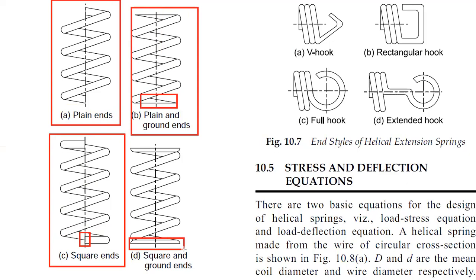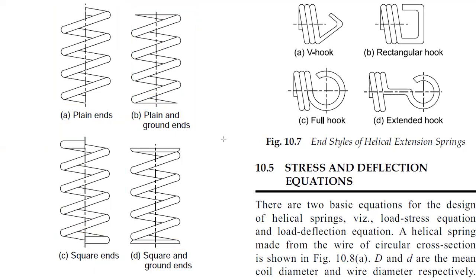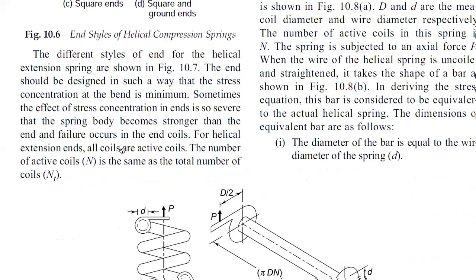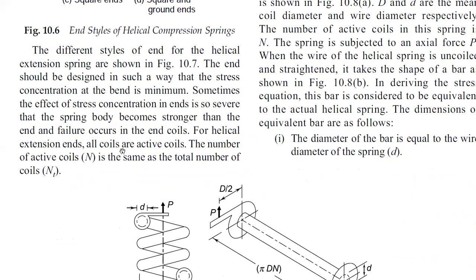So the end style of the spring, particularly in the helical spring, plays an important role in the design of the spring. The different styles of end for the helical extension spring, which you can see in the figure, should be designed in such a way that the stress concentration at the bend is minimum.